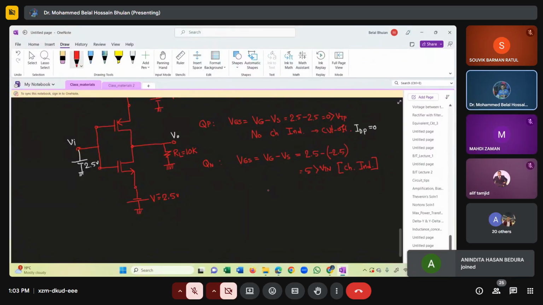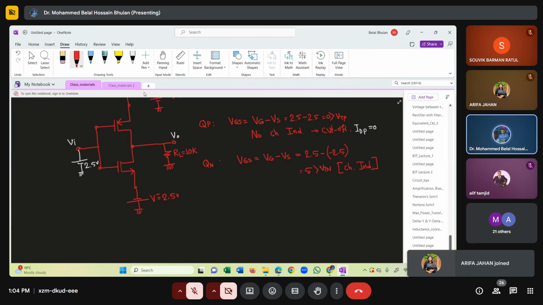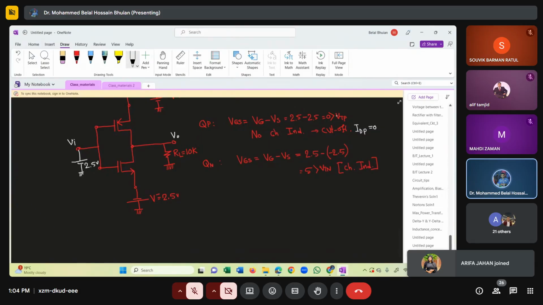For QP, we do VGS, VG minus VS. VS is 2.5, VGS is 2.5 minus 2.5, which is 0. So 0 is greater than VTP. VTP হচ্ছে আমাদের minus 1 volt. So that means no channel induced, it is cutoff, and IDP is equal to 0.